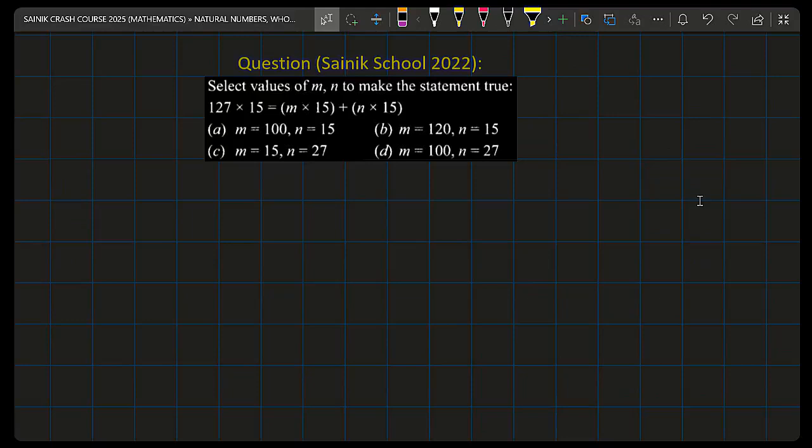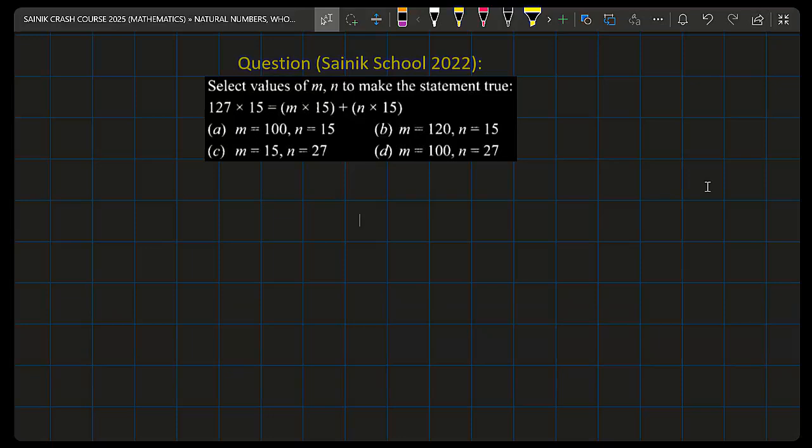Anyone who wants to give the answer can raise a hand. Varshita, you want to give the answer? Sir, we have to distribute 127 into two parts.